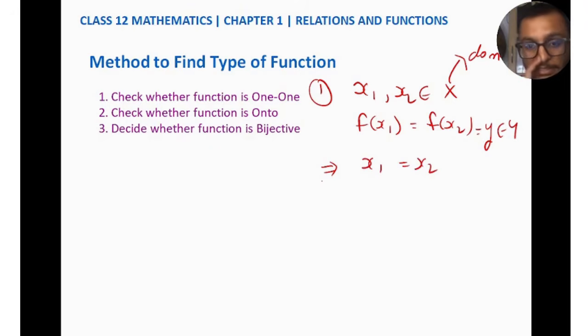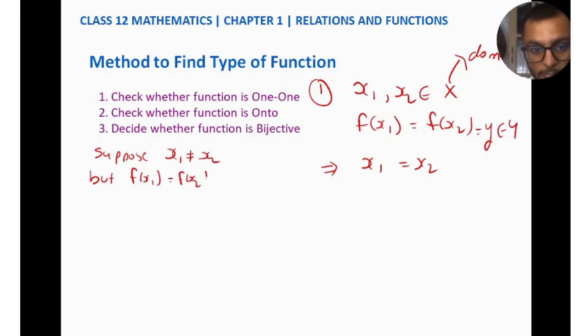Why am I saying this? Because suppose x1 is not equal to x2, but you have f of x1 equal to f of x2. What this will give is that two different elements have the same image.